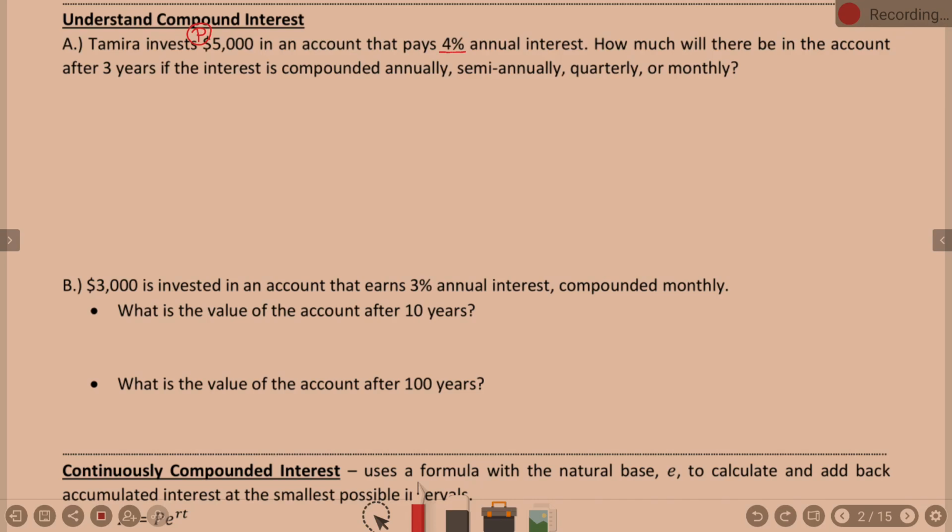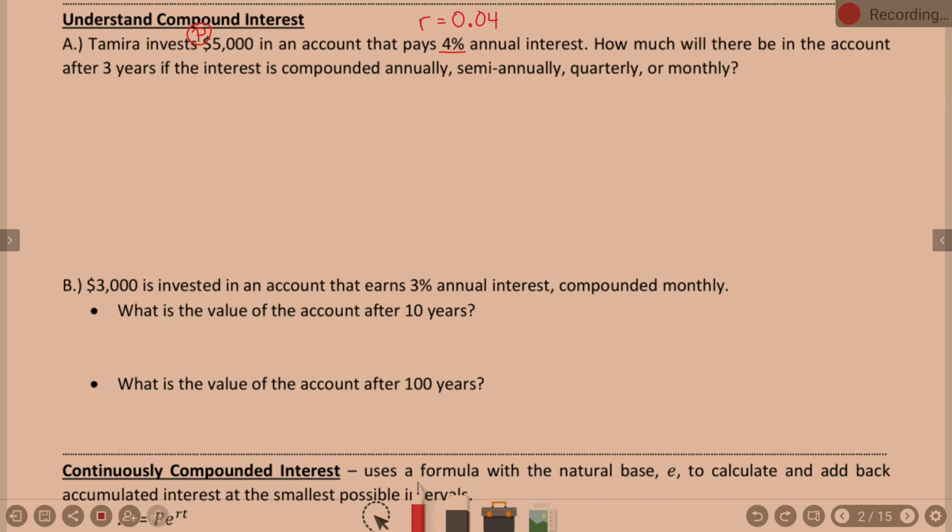They say 4% annual interest. So when we put 4% in for r, what is 4% as a decimal? 0.4. Not 0.4. 0.04, because you've got to move that decimal 2 places, or divide by 100.